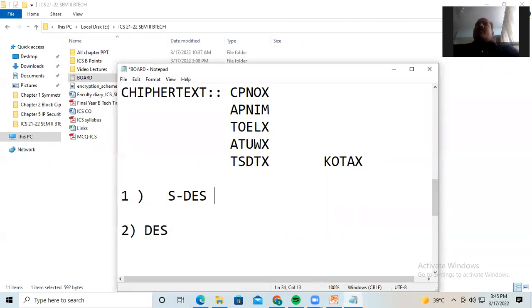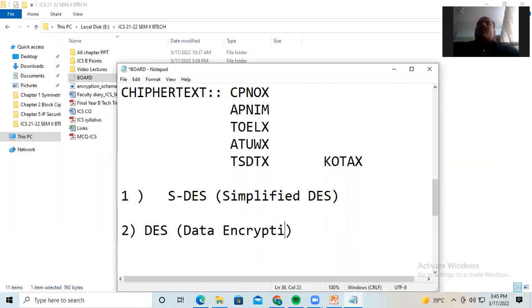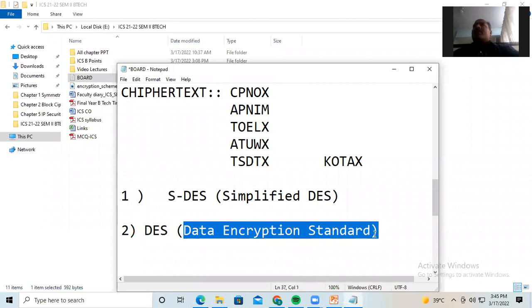S-DES is called the Simplified Data Encryption Standard, and DES is the Data Encryption Standard. The working style of these algorithms is totally different.